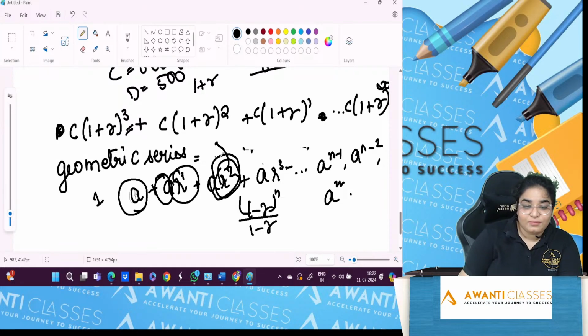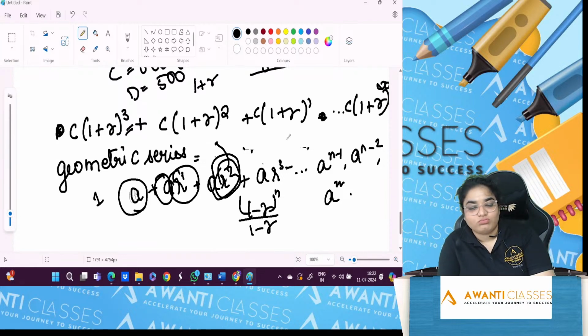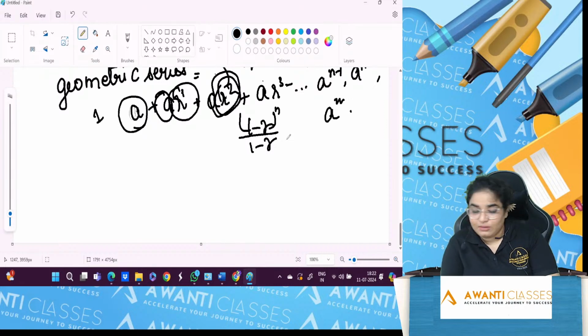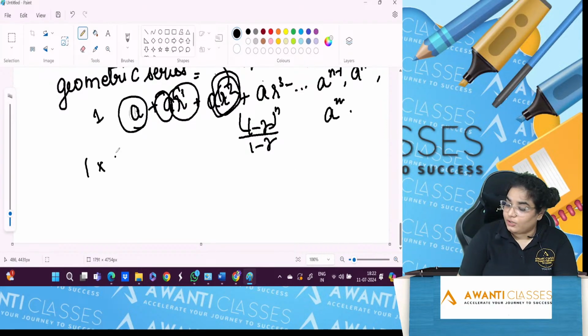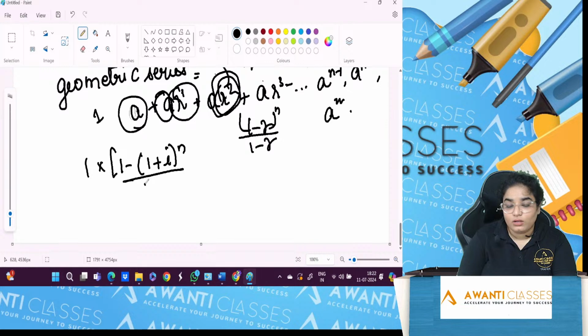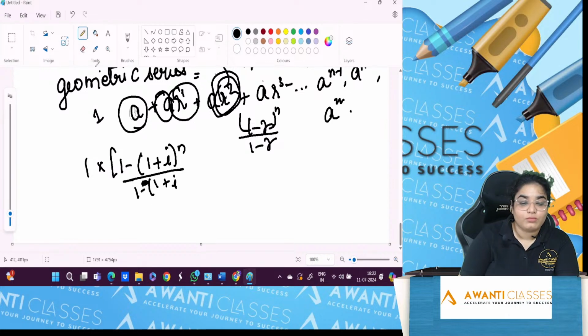Why? Nothing else is there, no? So what does this come to? It comes to 1 into 1 minus 1 plus I to the power of n divided by 1 minus 1 plus I. 1 minus 1 plus I.